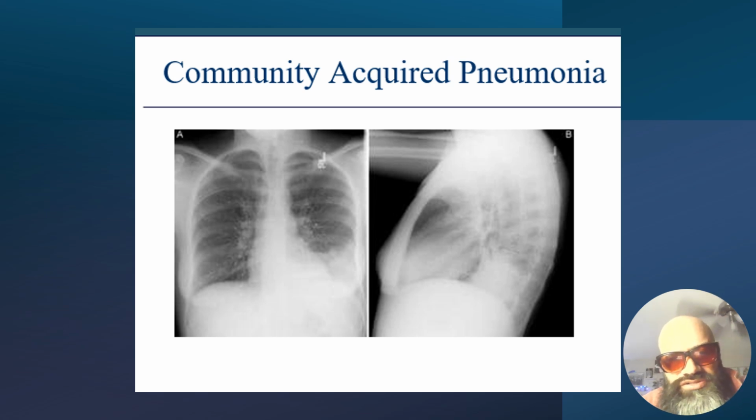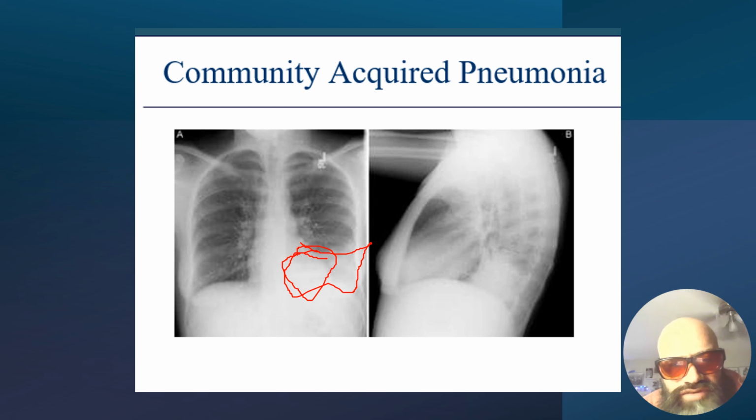So here's community-acquired pneumonia, an example here. We have diffuse interstitial infiltrates throughout here. We have a consolidation of pulmonary edema in the left lower lobe, loss of costophrenic angle, loss of cardiac border.